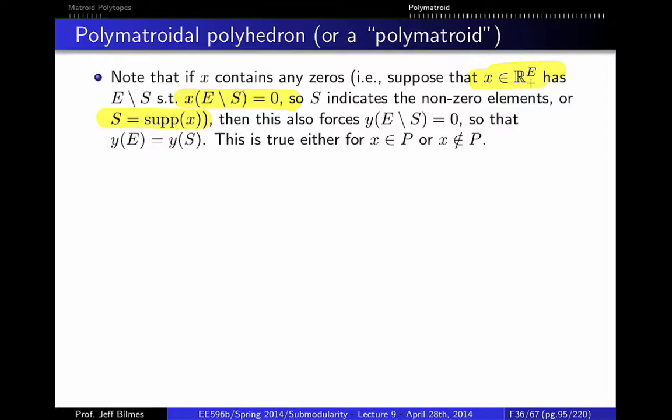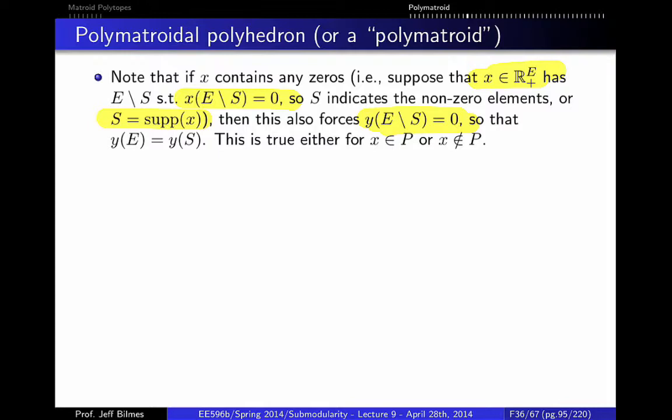And so therefore, if we want any p base of x that has the property that it's got some zeros in it, then the complement of the support of x in the p base is also going to be 0. What's y here? y is a p base.